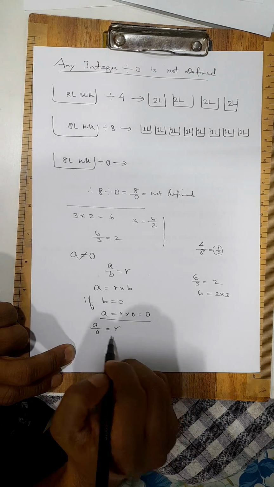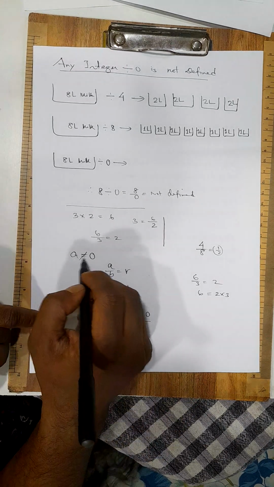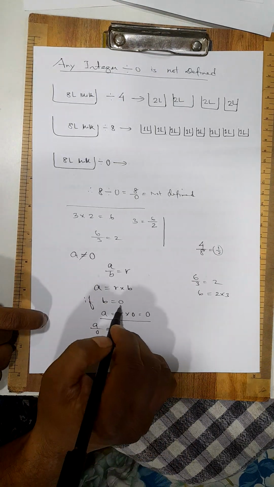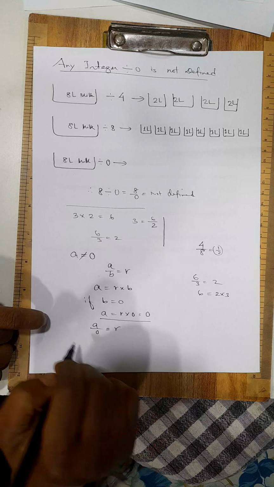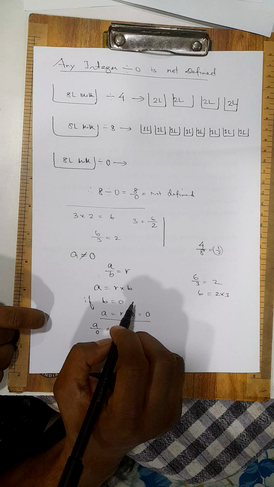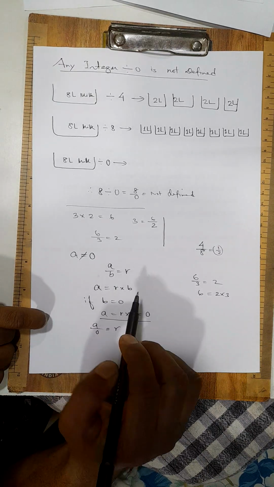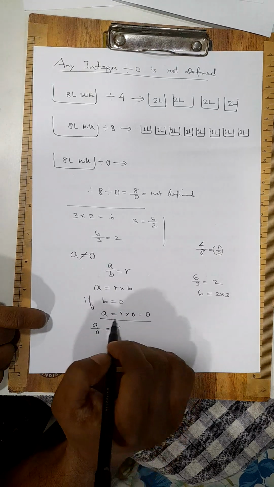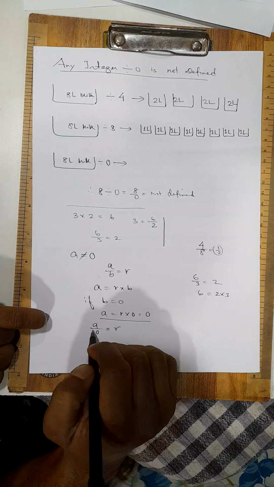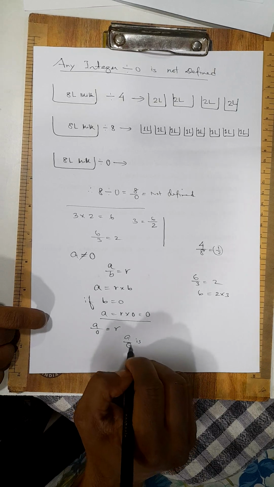A equals 0. But this is against our assumption. We assumed that a is not 0. A is a non-zero integer. So if you put b equal to 0, you find that a equals 0. So our assumption is wrong. That means if we put b equal to 0, we get a contradiction. That means we cannot divide a by 0. Therefore, a divided by 0 is meaningless. Right? A divided by 0 is not defined.